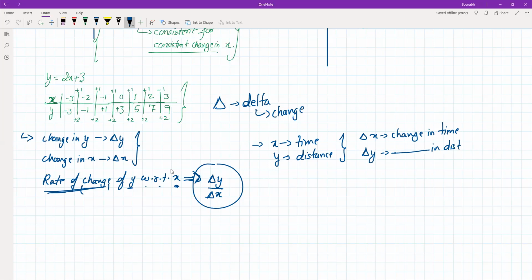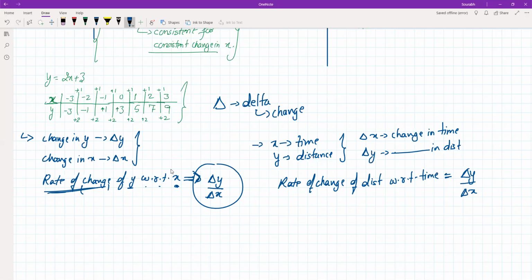So what will be the rate of change of distance with respect to time? That will be equal to delta y by delta x.